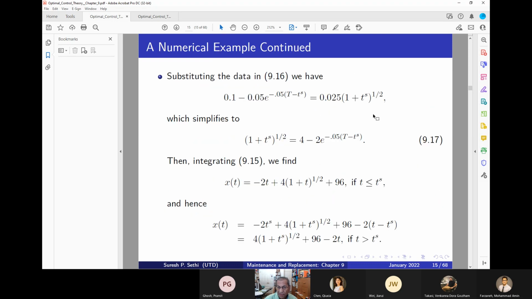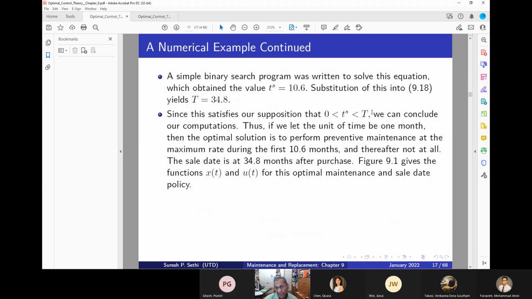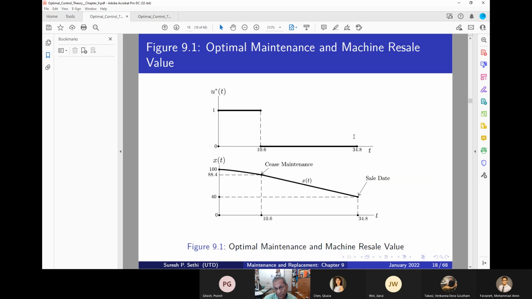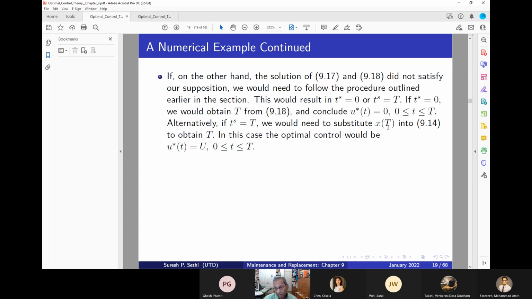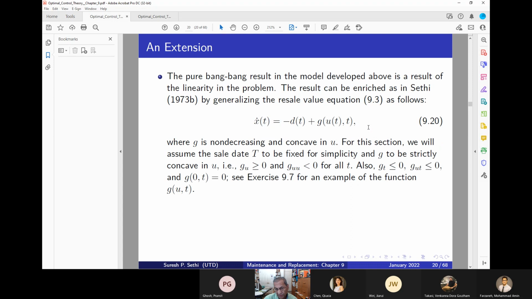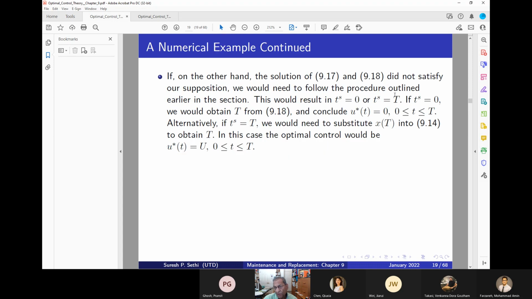Then we will find out that we already have TS equal to T. So all we need to find out is what capital T is. One variable is already decided, the other variable we have an equation for, and we can do that.